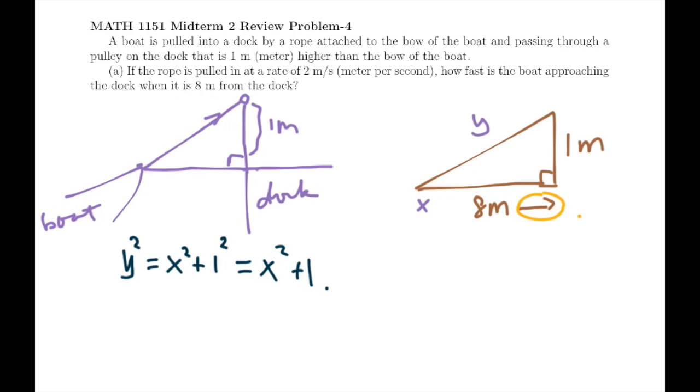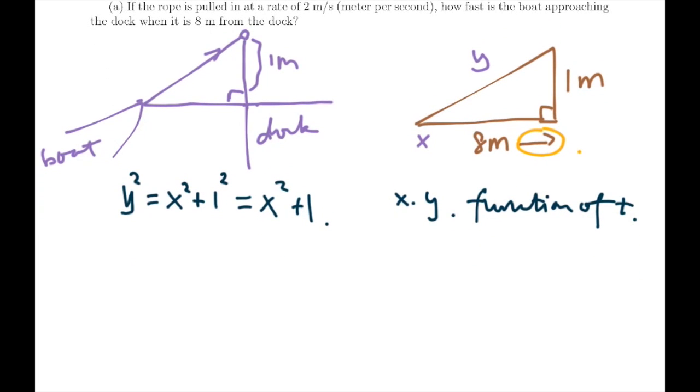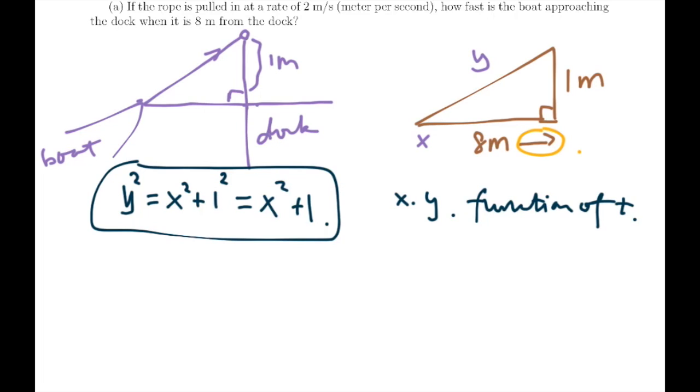Now, because both x and y are changing with time, both x and y are functions of t, of the time. And then we're going to differentiate this equation with respect to the time t.